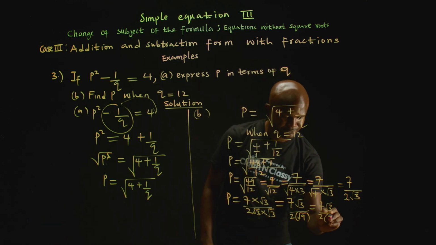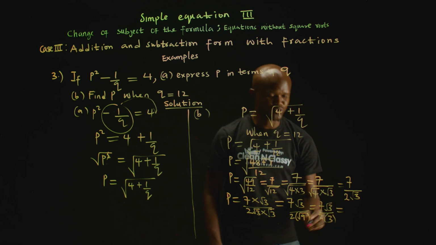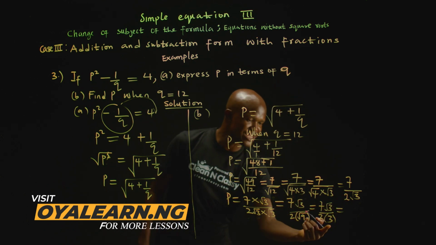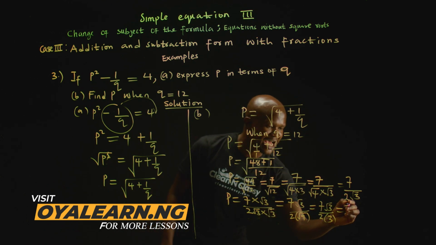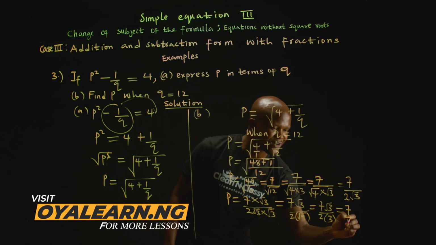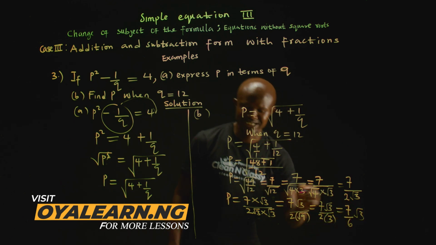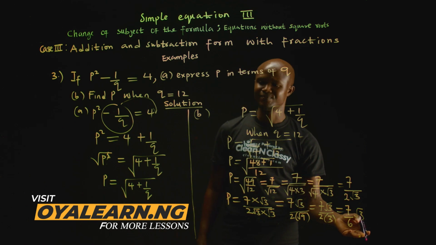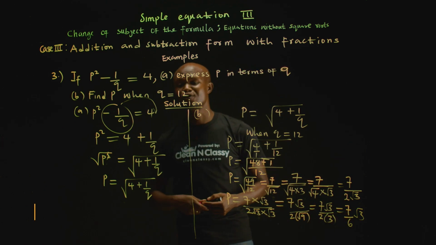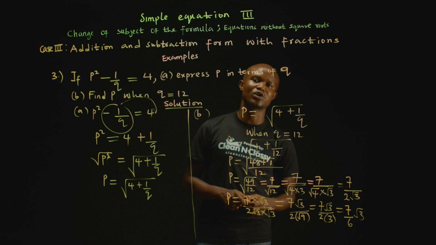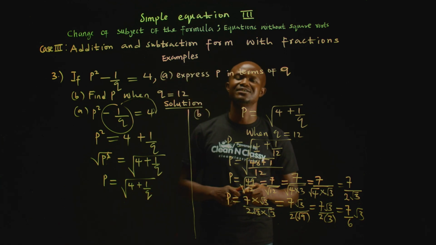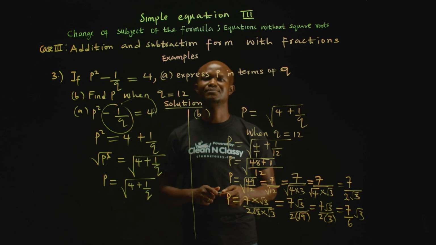That is 3. So in this case, we have what? 2 times 3, that is 6. So at the denominator, we are having 6. So we now have this as 7 root 3 over 6 as the final value of P. So it means that the value of P when Q equals 12 is 7 root 3 divided by 6. That is the solution to the problem. Thank you.